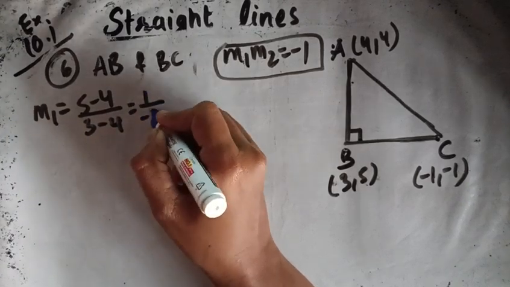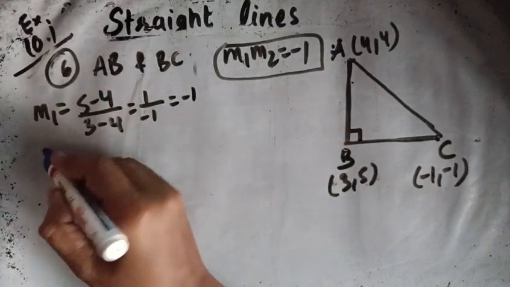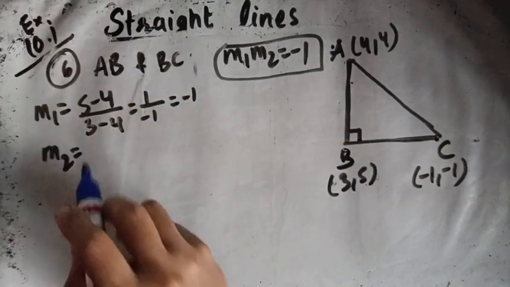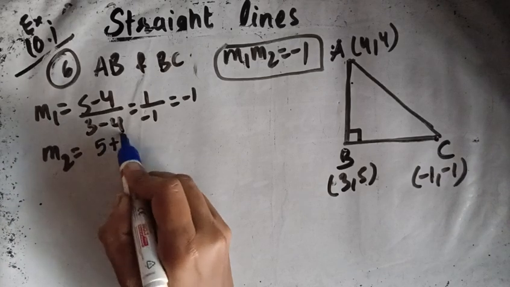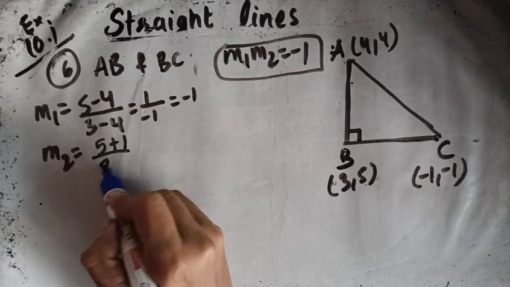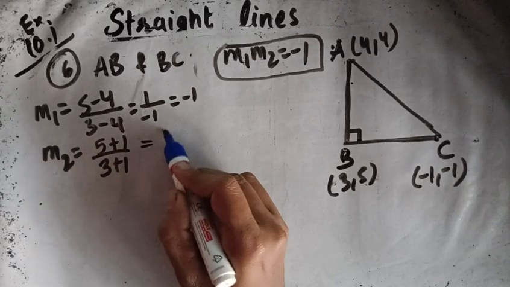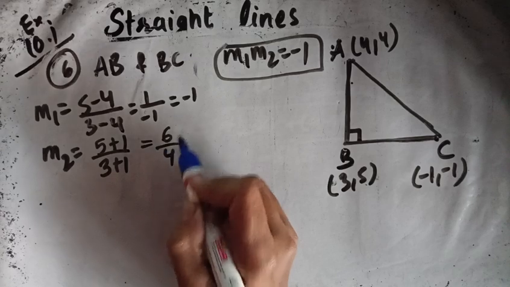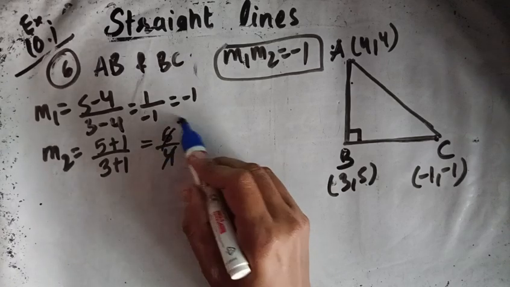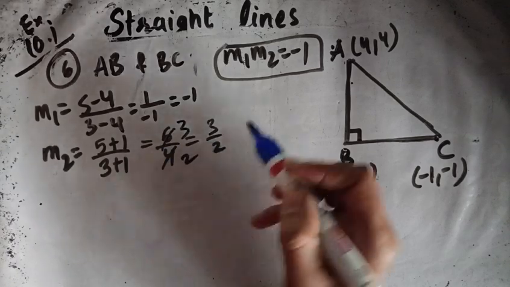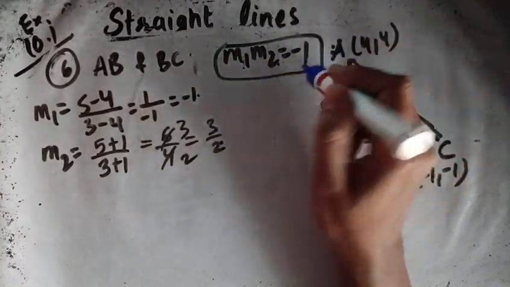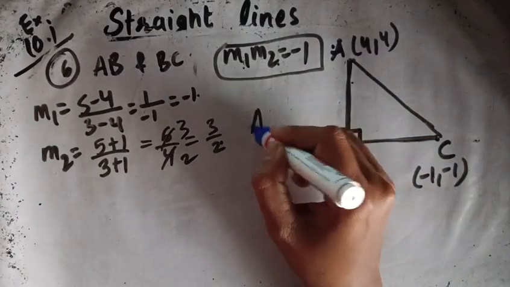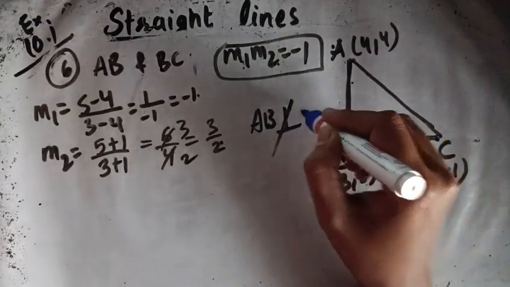So this is 1 upon minus 1, so minus 1. m2 is BC, so 5 plus 1 upon 3 plus 1. So 6 upon 4, so 3 by 2. Okay. m1 into m2, this into this won't be minus 1. So AB is not perpendicular to BC.